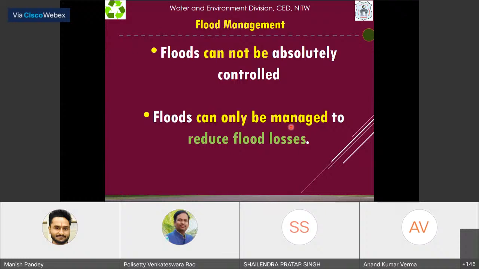That can be human loss, other biotic, other living species, or abiotic materials, whatever it could be. We can only minimize the loss, but we cannot avert, we cannot stop, or divert the flood. It is literally not possible. But by doing effective planning, we can definitely ensure that the things which are exposed to floods are minimized.